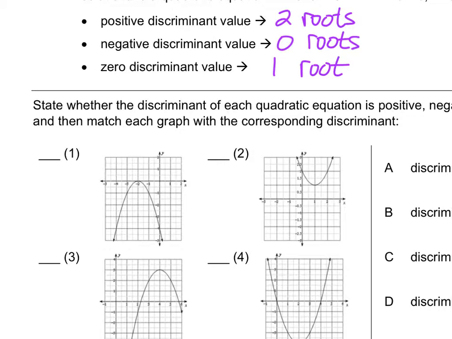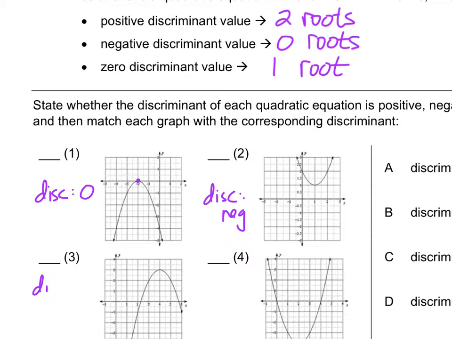So in the case of number 1, equal to 0. All right, and that's because there's one root. All right, in the case of number 2, it's going to be negative.